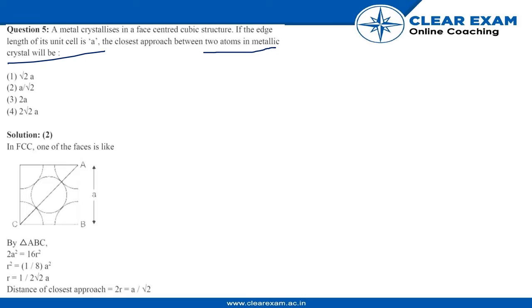So the first thing we can observe from this image is that in the triangle ABC, it is satisfying the condition 2a² = 16r², and we have to find the value of r.